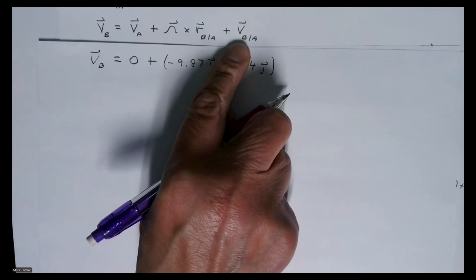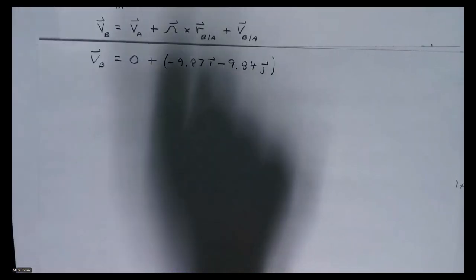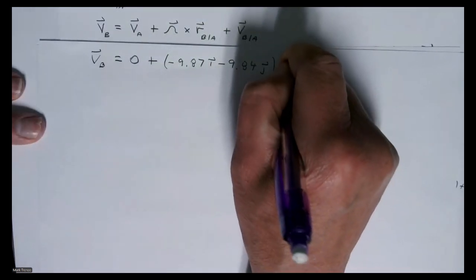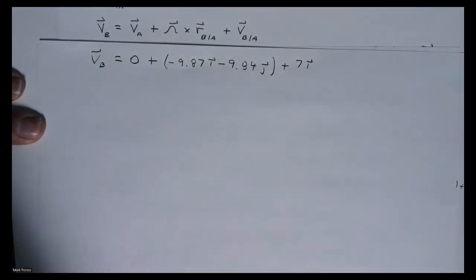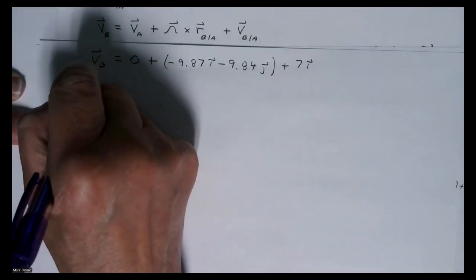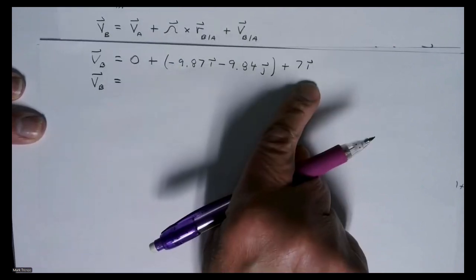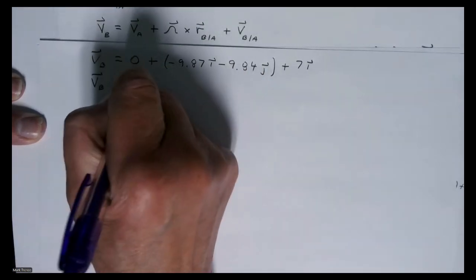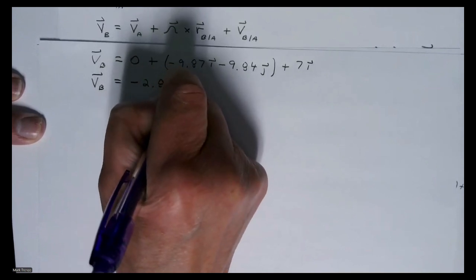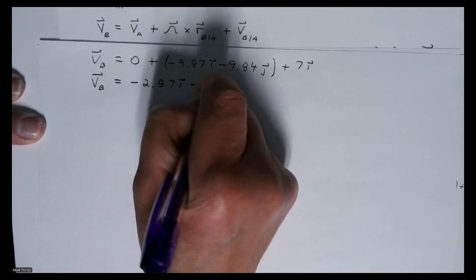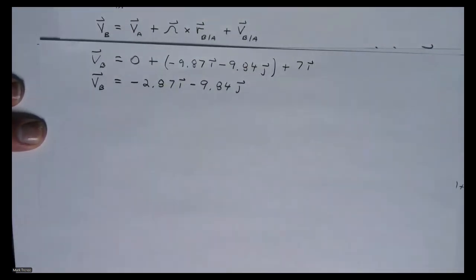And then VBA was the 7I. And so it looks like VB, if we put those together, will be negative 2.87I minus 9.84J, like that.